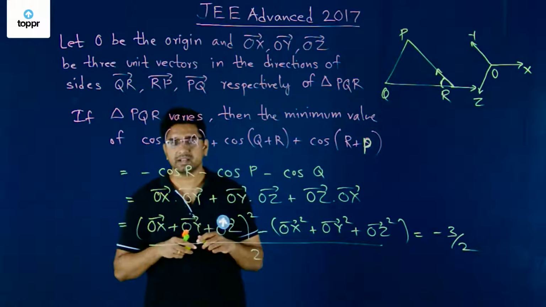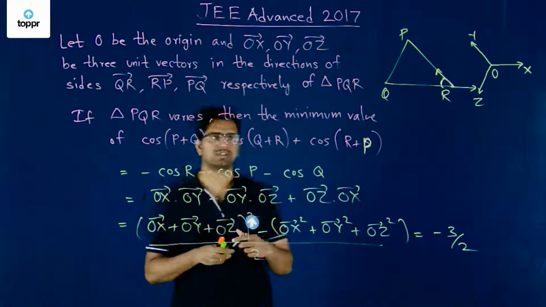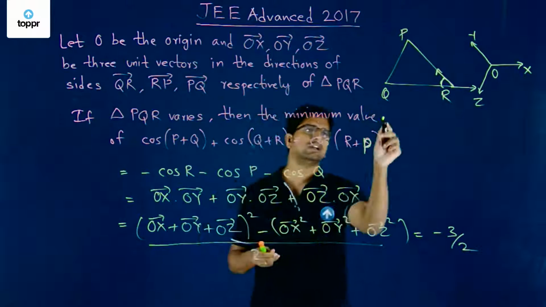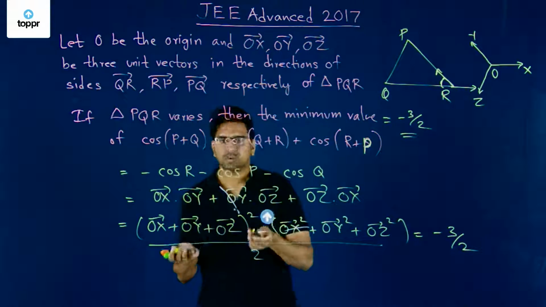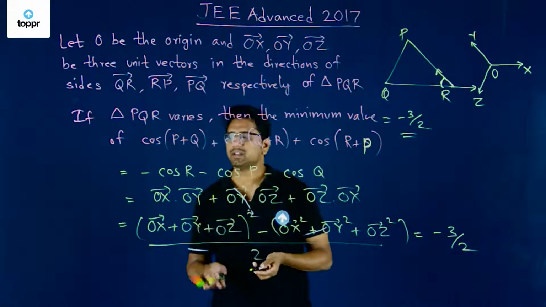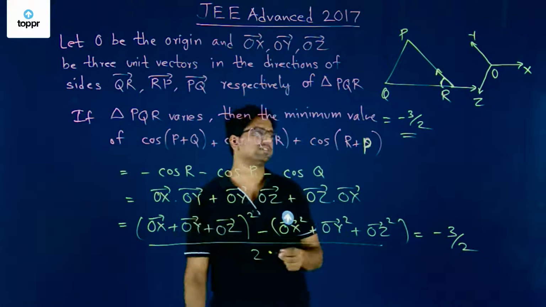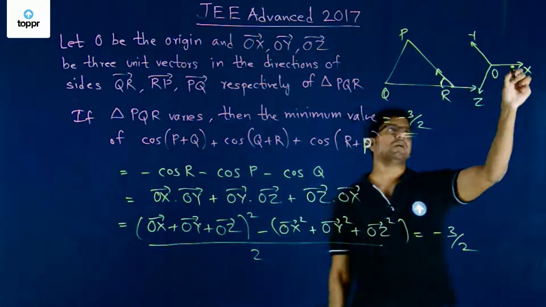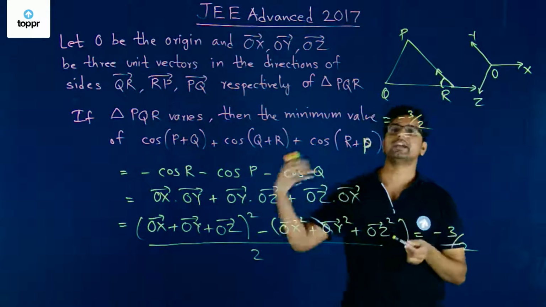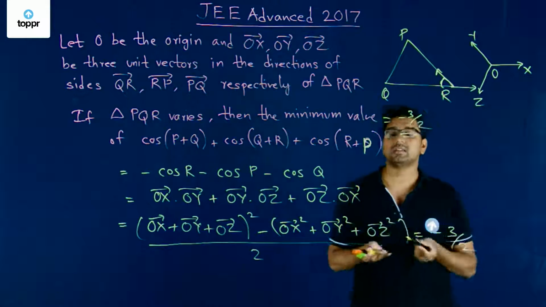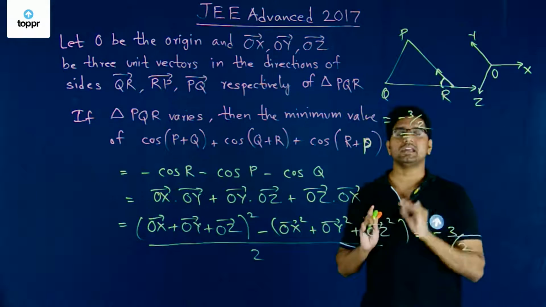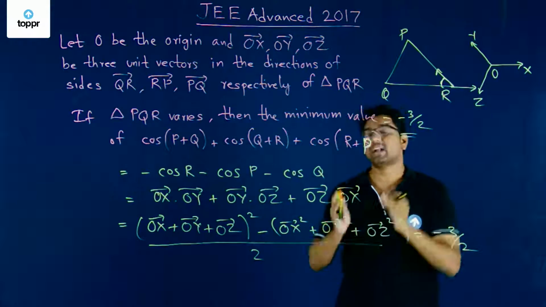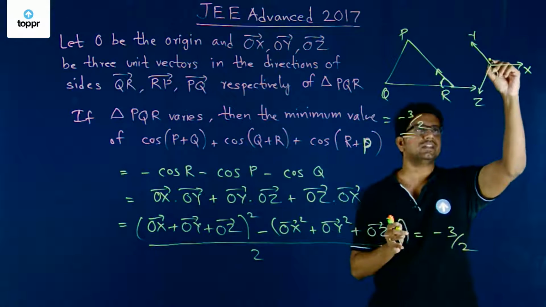And when does this happen? Although it is not asked in this question, it's only asked for the minimum value, which is minus 3 by 2, if you want to know when this happens, it happens when OX plus OY plus OZ is equal to 0. That is, the sum of these three unit vectors should be equal to 0. This happens only if the angle between each of them is equal to 120 degrees.